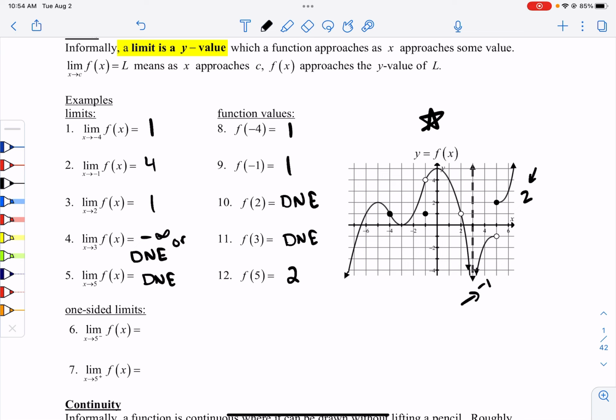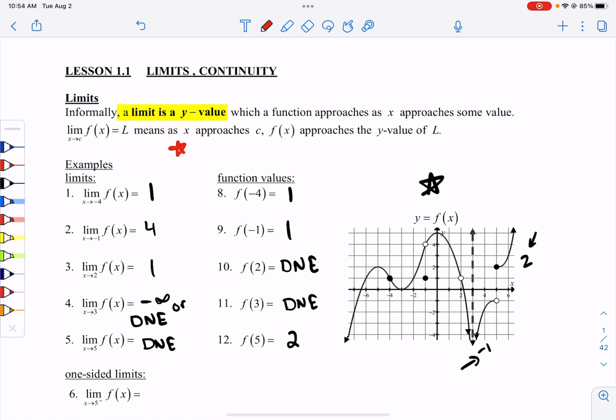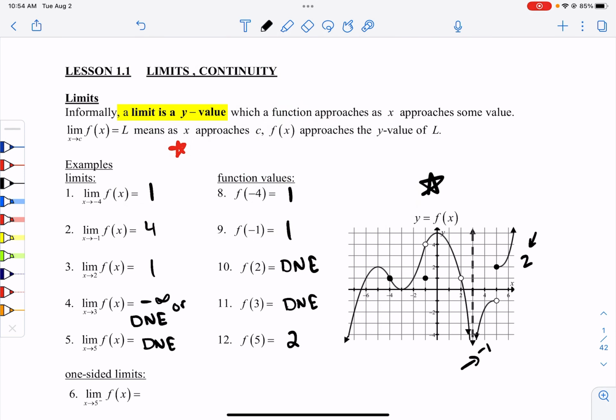coming from both sides. So the way that I write that, and this is maybe something we should add to our notes up here at the top. What I'm going to say is the limit as x approaches some value, we'll call it c, from the left. And the way I write that is I put a little negative up here after the c.